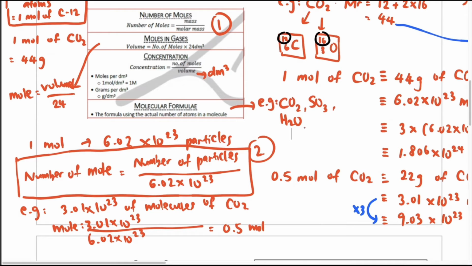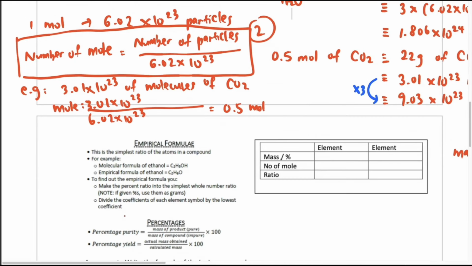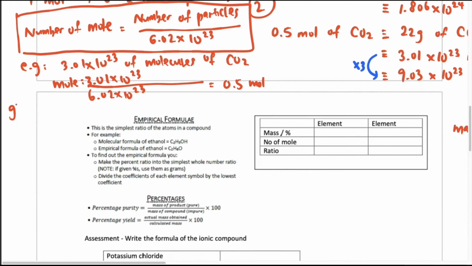Compare with empirical formula. Empirical formula is the simplified version of the molecular formula. So this is the simplest ratio of the atoms in a compound. For example, let's say I have glucose, C6H12O6.